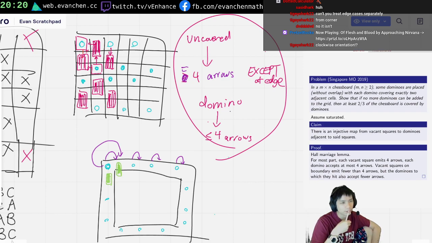Wait, hang on. Shoot, no, I forgot something important. No. Okay, wait, sorry. I forgot this is also an arrow. So I triple counted it when I'm allowed to only double count it. Crap.